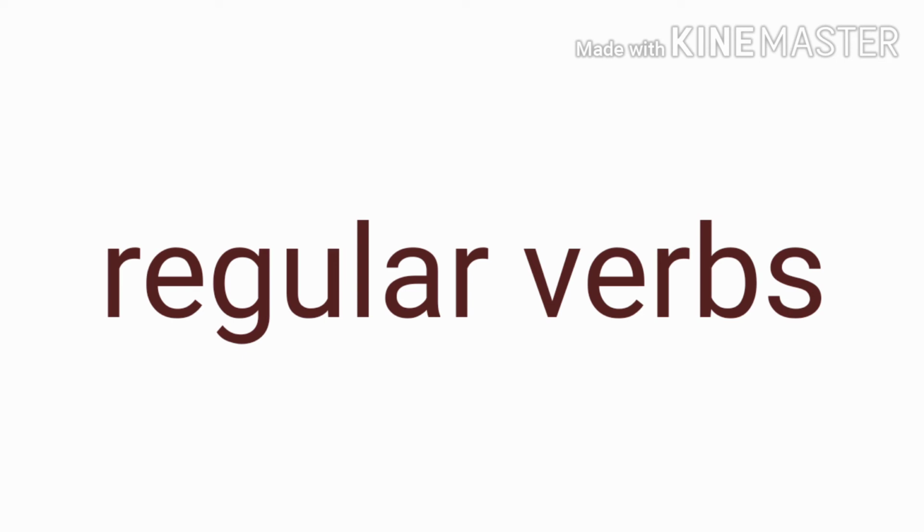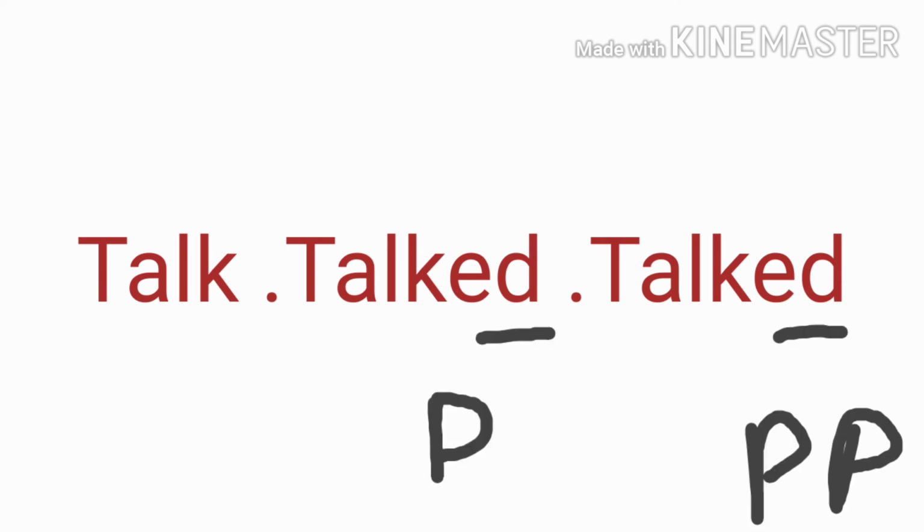Next example, talk. Talk is the base form, and the second form will be talked. Third form, talked. For laugh, laughed, laughed. Ed is important because we are learning about the regular verbs. Now we'll move on to the irregular verbs.